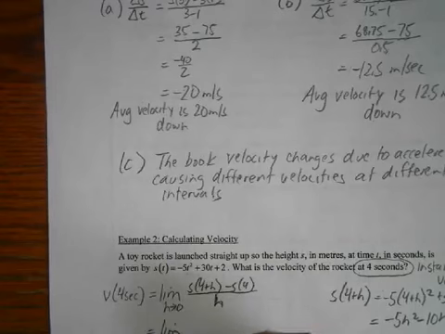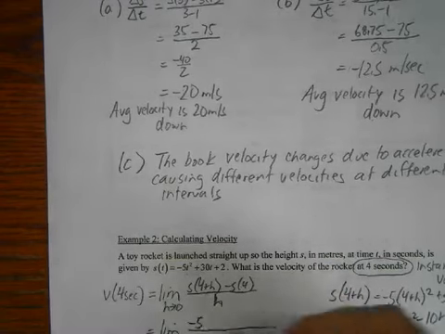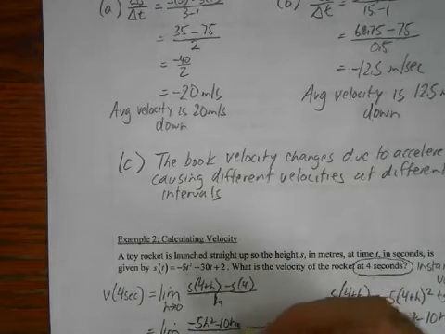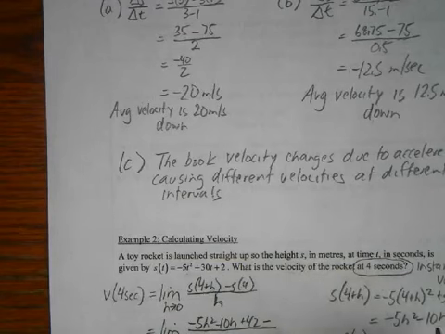Don't forget to put the limit at the beginning. It's very easy to forget. So minus 5h squared minus 10h plus 42 minus s of 4. We actually know what s of 4 is. It's going to be 42.